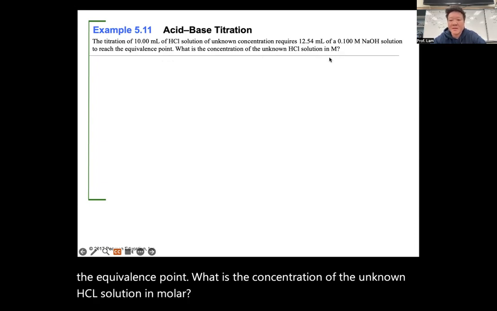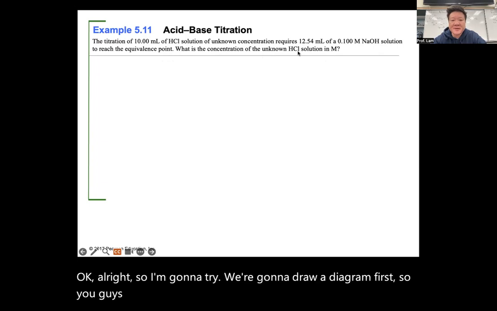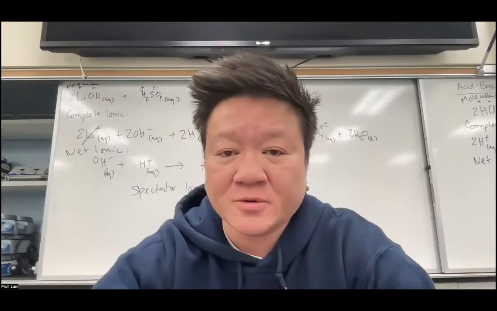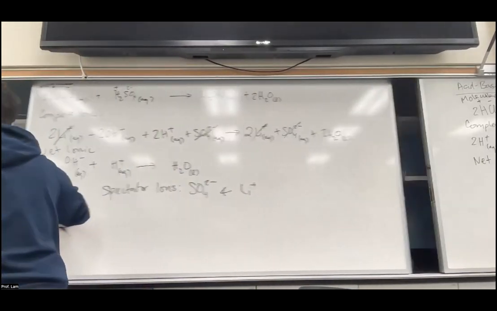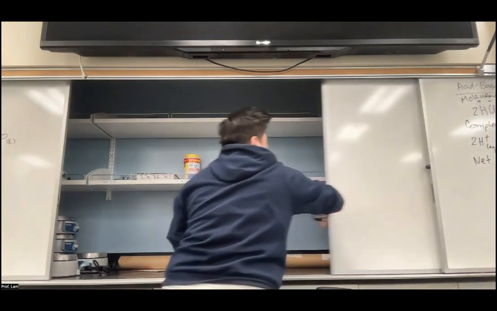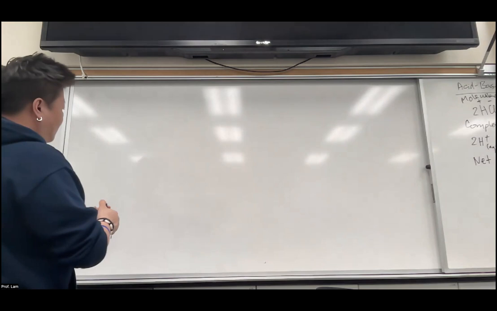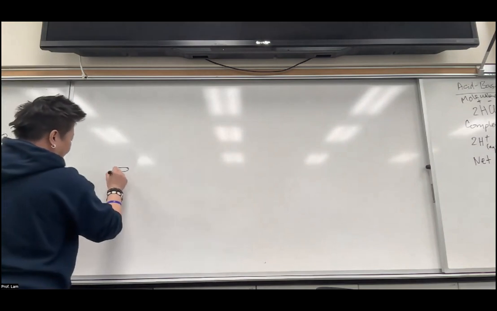Okay. All right, so we're going to draw a diagram first, so you guys can see what this is about, and I'll show you the calculation. So let's go back to the board. Okay, so we have our flask.